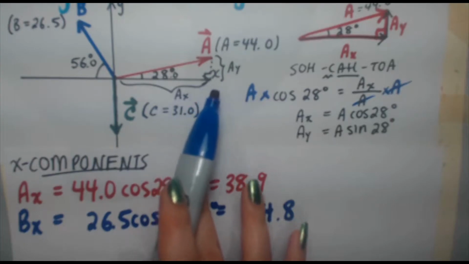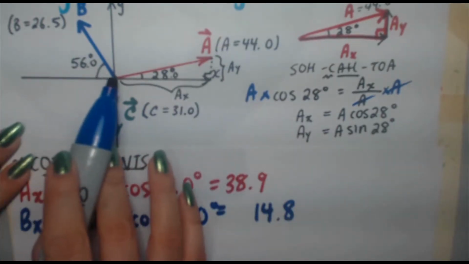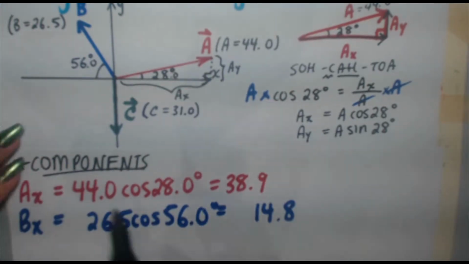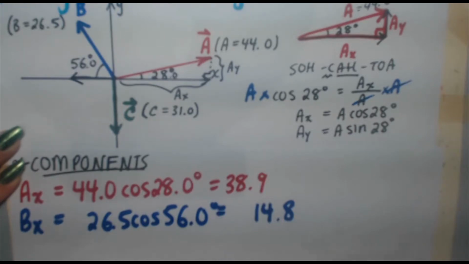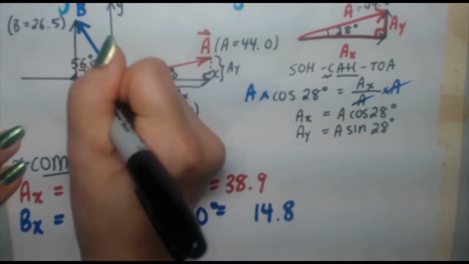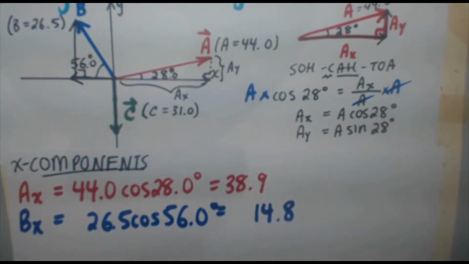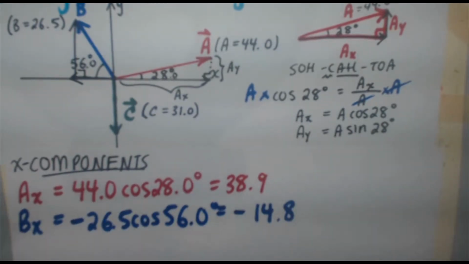But for B, if you were to draw the components, you've got a negative X and then you've got a positive Y, making that right angle and adding up to the vector B. Okay, so in fact, this value for B is negative. And this is something you have to determine for yourself by looking at the diagram. Okay, that's how you can keep yourself accurate. All right, so that's for B.